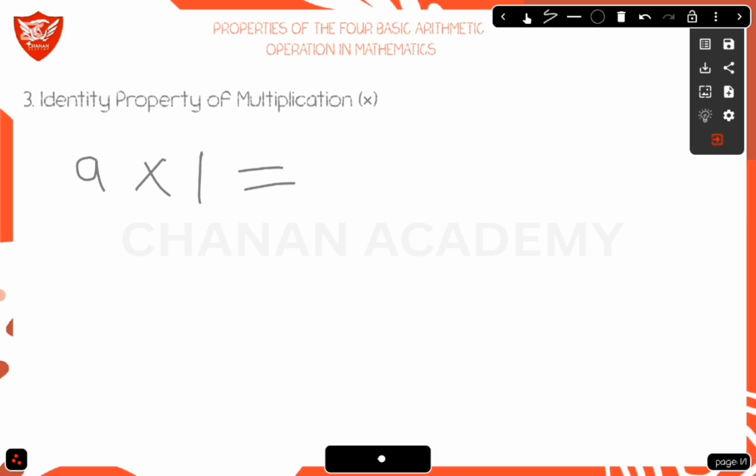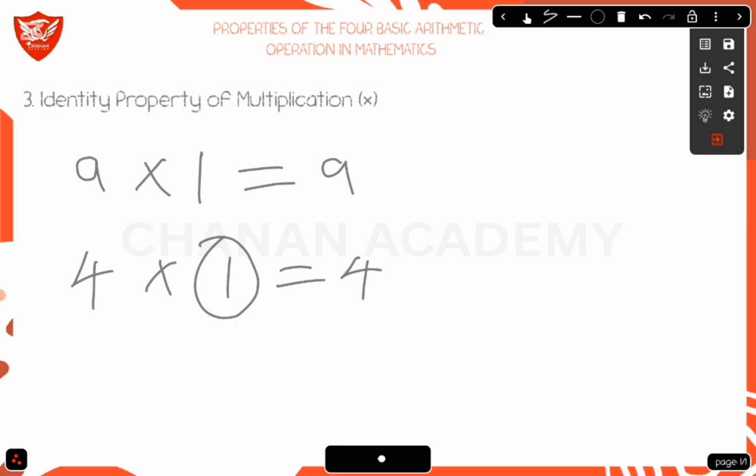The answer is A. What that means is if A assumes the value of 4 multiplied by 1, the answer is still 4. So that's what we mean by the identity. So 1 is the identity element for multiplication. Any element you multiply with 1 will give you that same element.